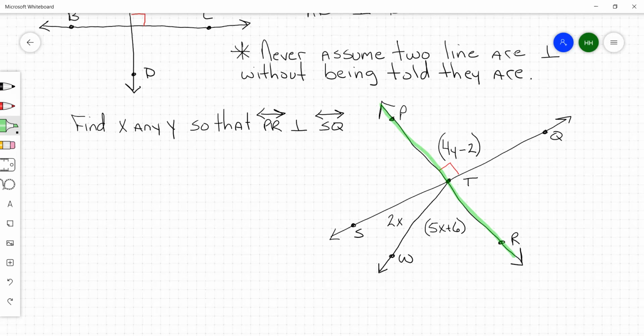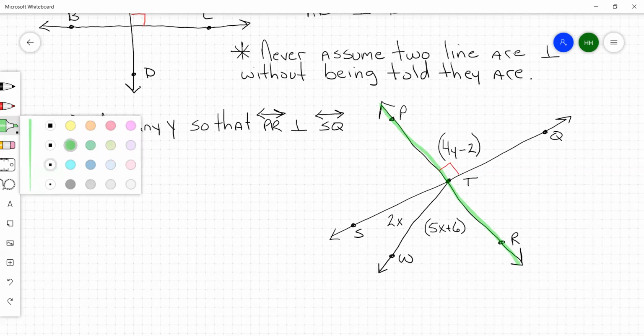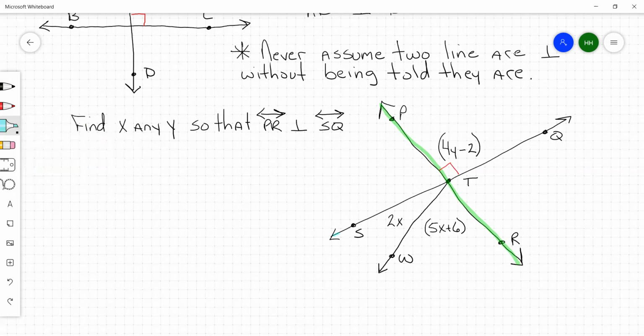If I can get my blue highlighter. Here's SQ. We need the value of these variables so that the two lines are perpendicular. Perpendicular means that they intersect at 90 degrees, which means every angle in here, this angle is 90. This angle is also 90, isn't it? All right?